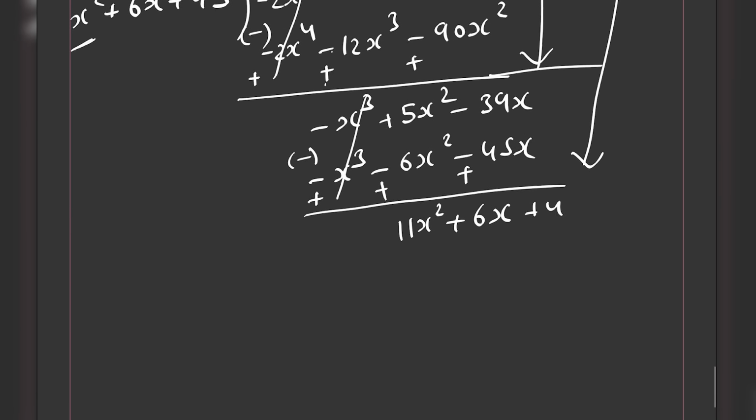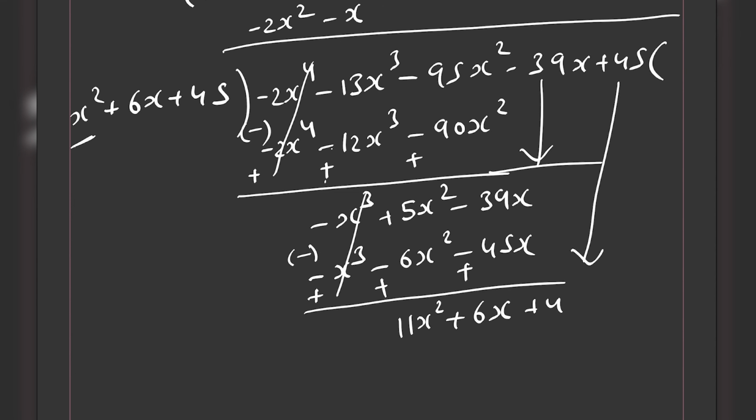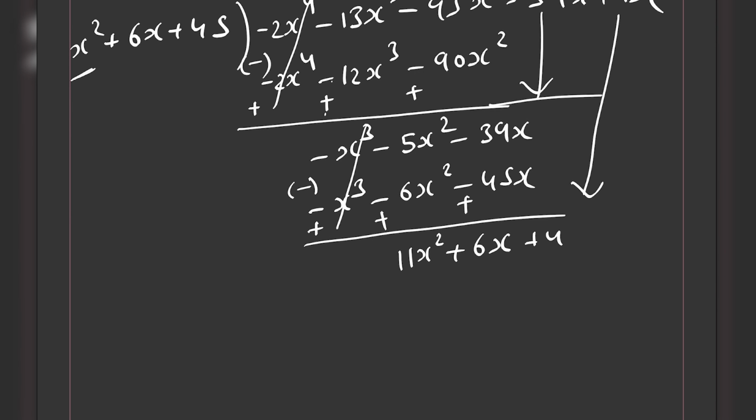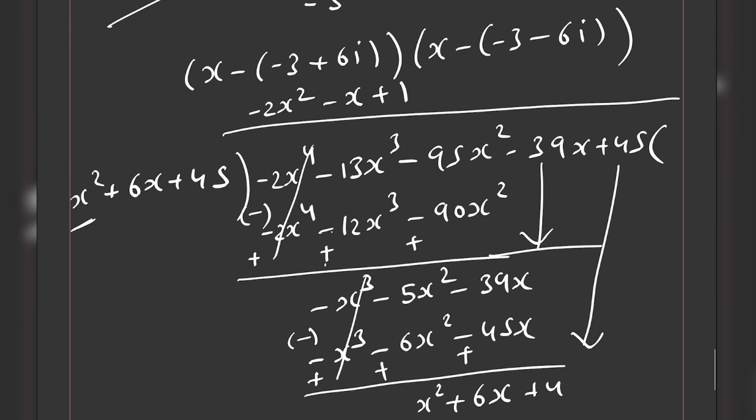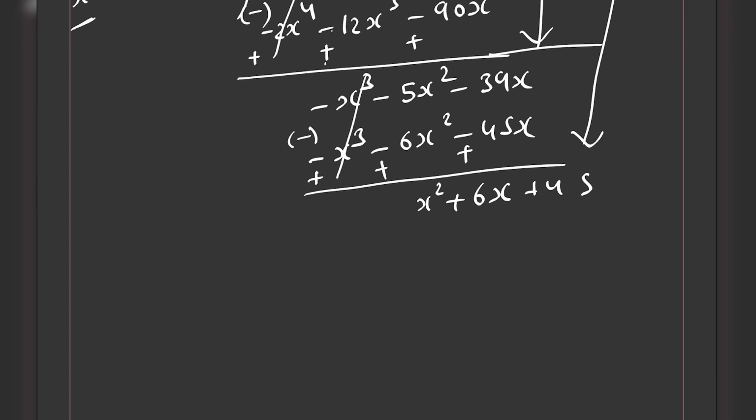Okay, let's check if I made any mistake here. Minus 95 plus 90, so it is not positive but negative 5x square. So negative 5x square plus 6x square will give us positive x square. Okay, now we are back on track again. Now in order to remove that x square, all you have to do is add plus 1. So x square plus 6x plus 45.